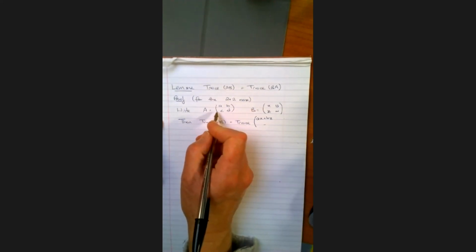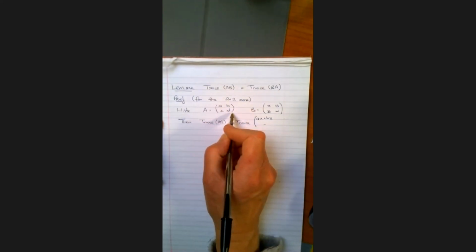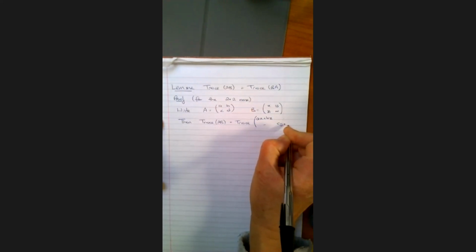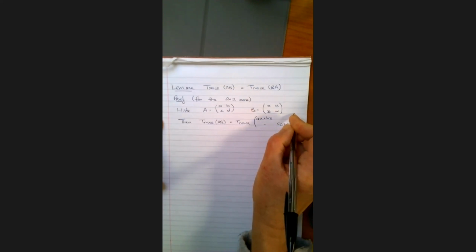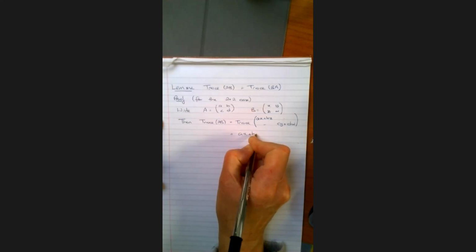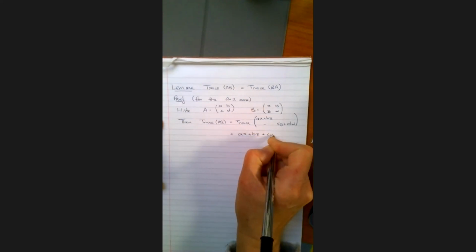And the top right and lower left entries, we don't even have to calculate them because they don't enter the picture for the trace. The lower right entry of AB comes from the second row of A and the second column of B, so it's cy plus dw. So the trace of this matrix is ax plus bz plus cy plus dw.